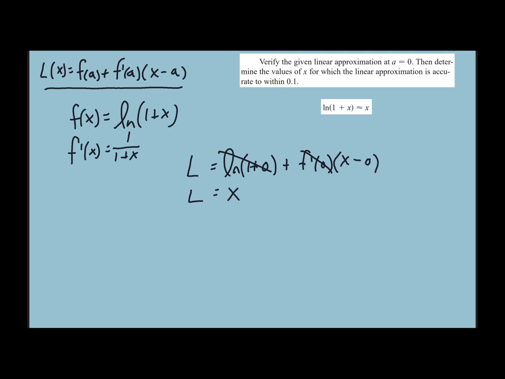So the second part they give you is to find a ratio, like how close you can get. What's the window within 0.1? And that is a little bit harder, because we have to say the difference between the natural log of 1 plus x and x is less than 0.1.